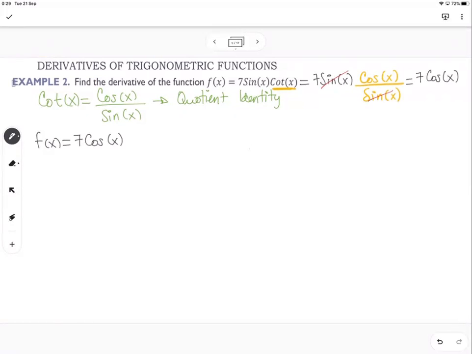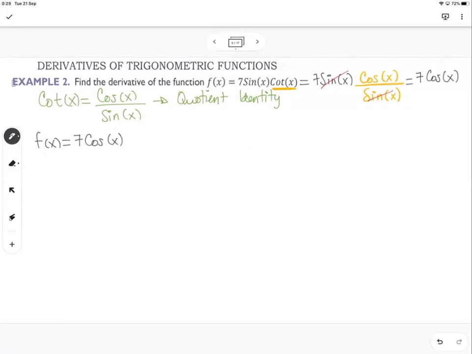Can you see that it is easier to just get the derivative of 7 cosine, using the corresponding rule of cosine, than doing the product rule for sine and cotangent?